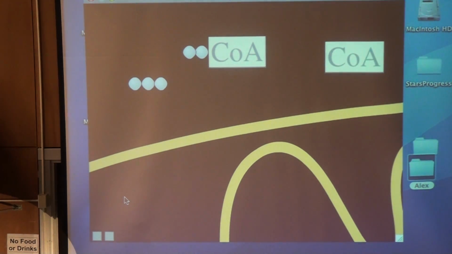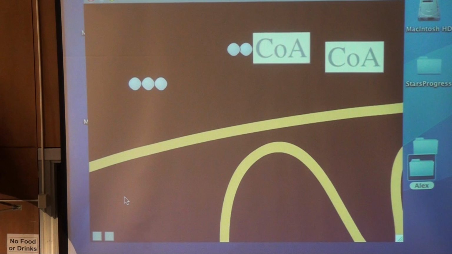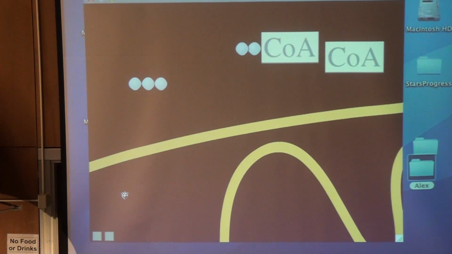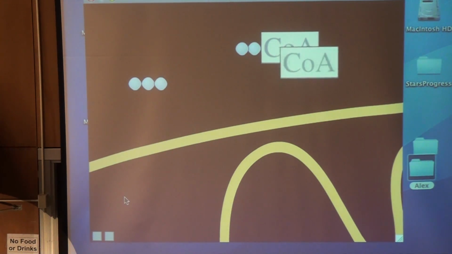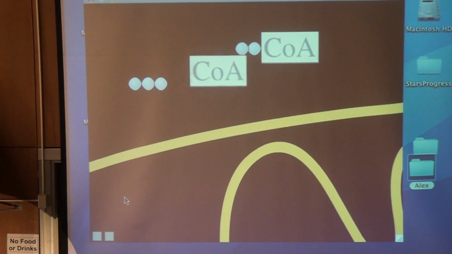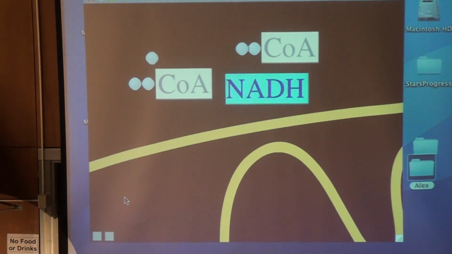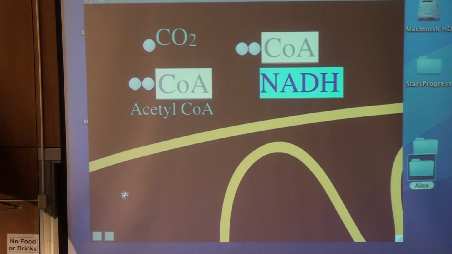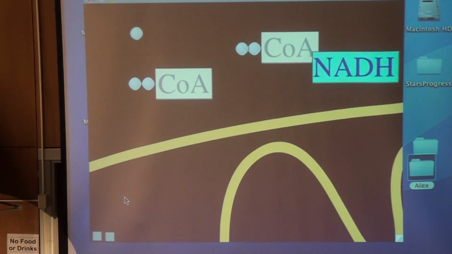And there goes that carbon dioxide. It'll eventually exit the cell and go into the bloodstream. And now the other coenzyme A does the same thing, oxidizes one of the carbons, attaches to the other two carbons, so you get an acetyl-CoA, and again, some high energy electrons are captured in an NADH molecule.